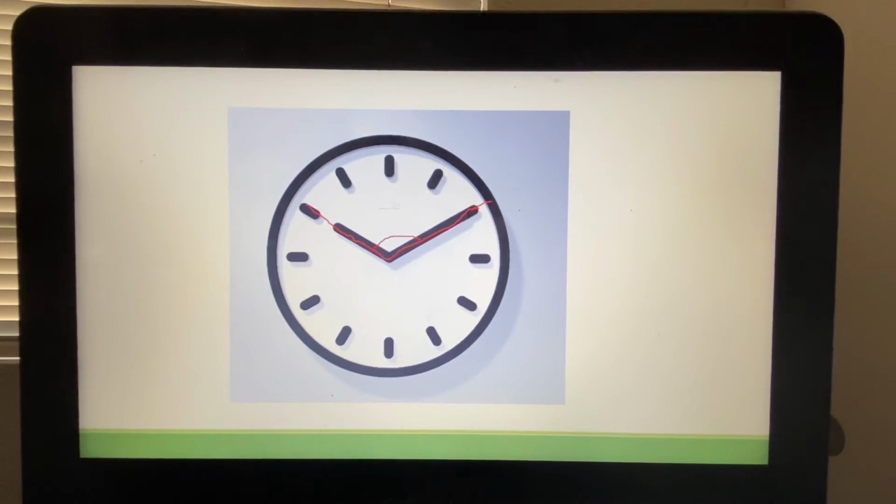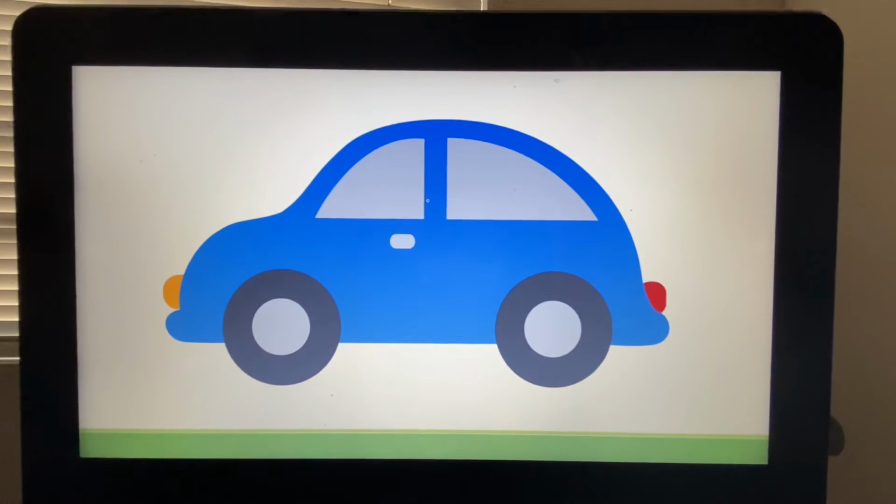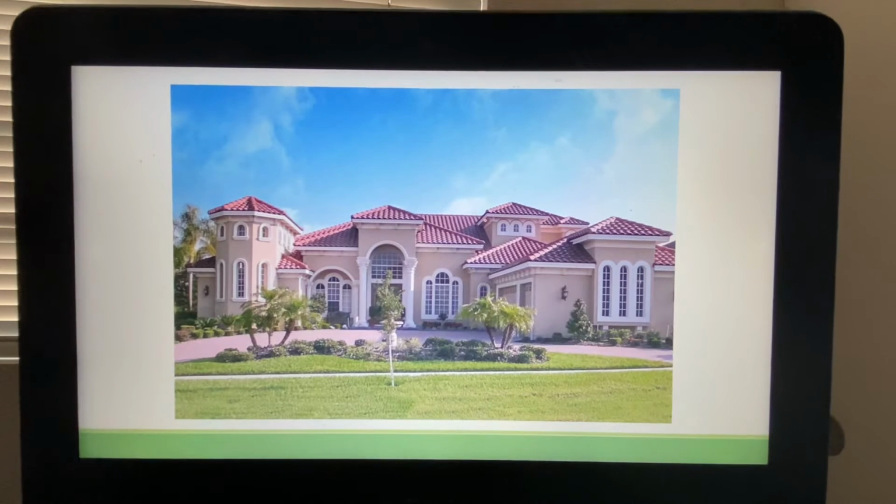Angle on the clock. There's 2 angles right here, 2 points intersecting on this car.